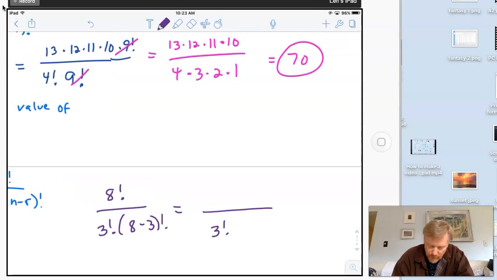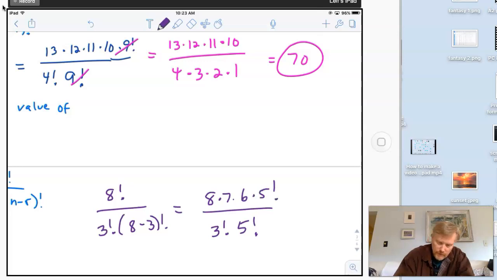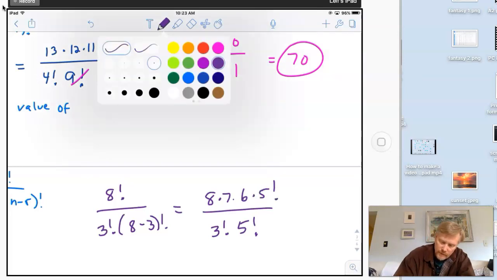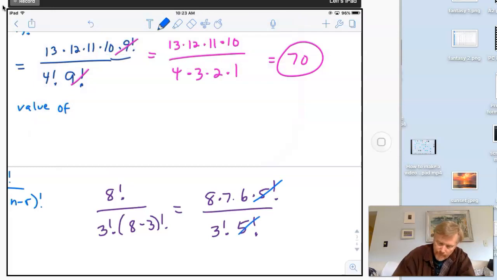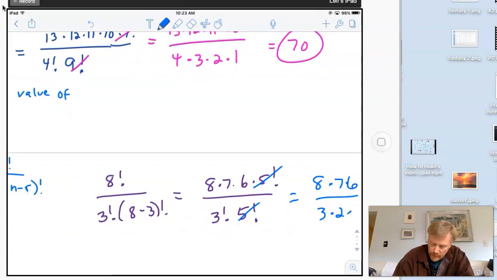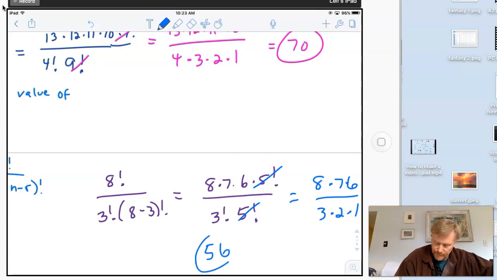Let's see, denominator I got 3 and 5. 8 minus 3 is 5, so I got 8 times 7 times 6 times 5 factorial. Then I can cancel out the 5 factorials. And I got 8 times 7 times 6 all over 3 times 2 times 1. Oop, out of space. And if you do that all out, punch it into your calculator, you should get 56.